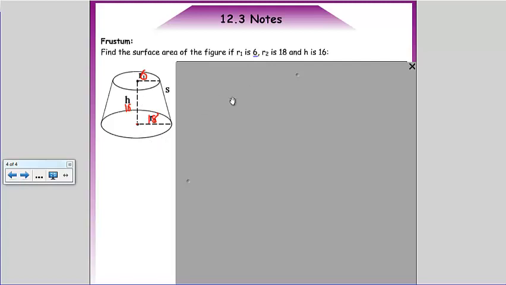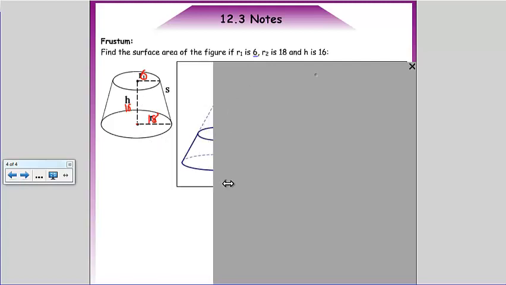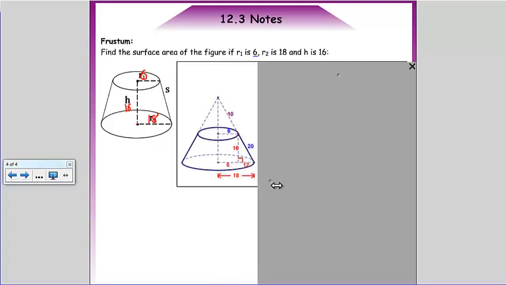So if we look at it carefully, the next figure may help a little bit. You may need to pause the video here if this goes a little too quick. But notice here, we have our 6, we have our 16 for our height, which we can draw here. We know that this part's 6, which means this part over here is 12, figure not drawn to scale, since it formed 18 total.